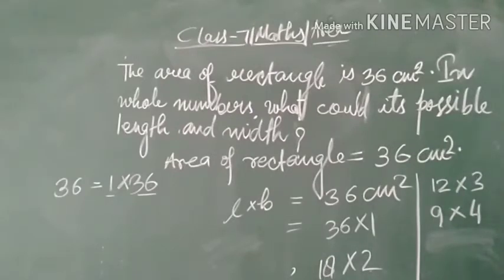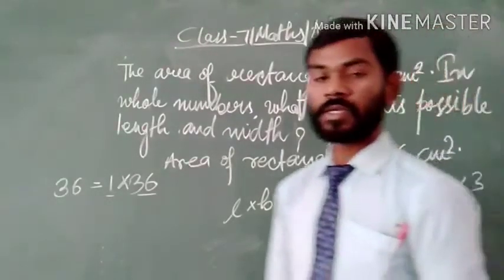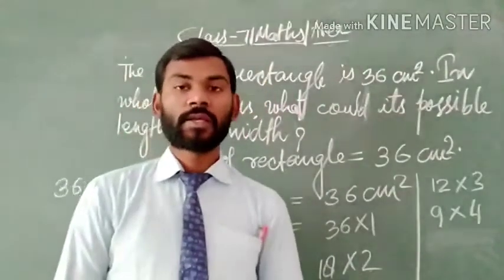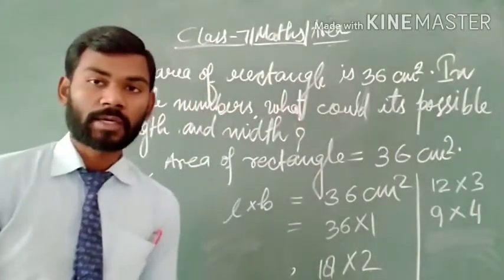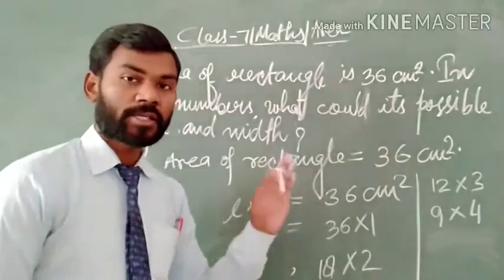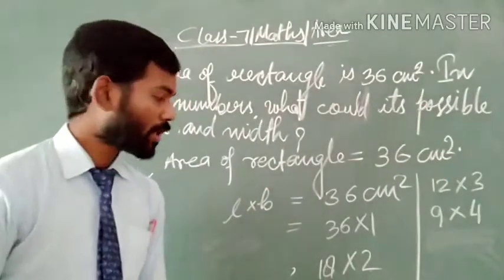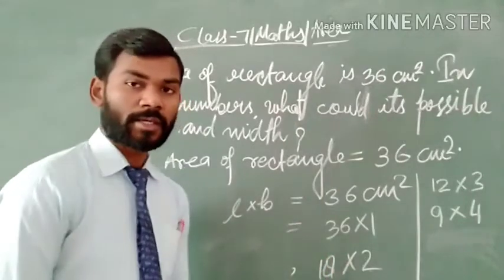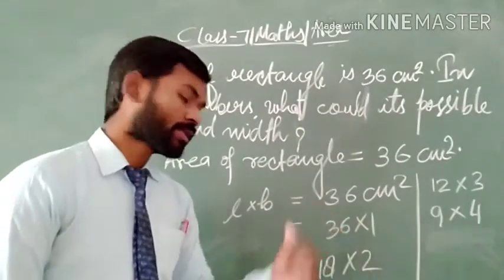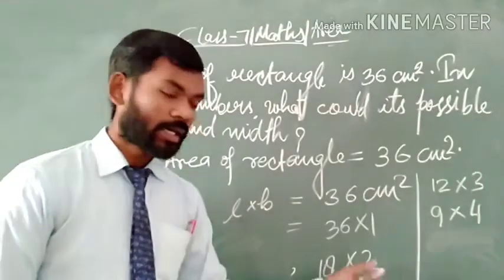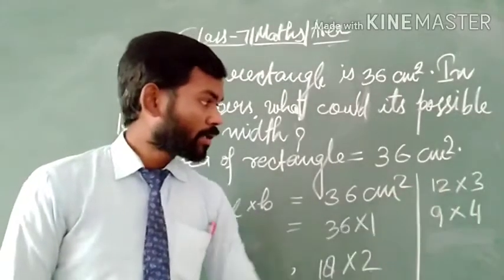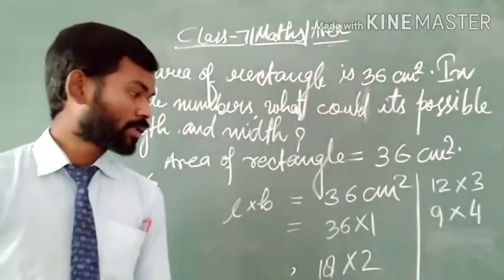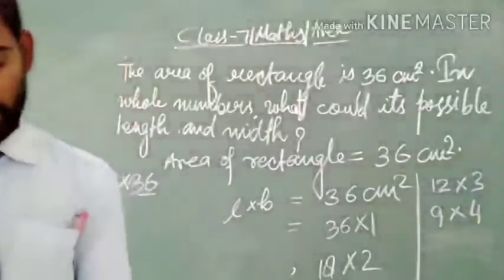So here we can see that there are 4 possible cases to find the length and width of the rectangle in whole numbers whenever its area is 36. Therefore, the length and width of this rectangle may be 36 and 1, 18 and 2, 12 and 3, 9 and 4 respectively. Okay students, this is the solution of this question.